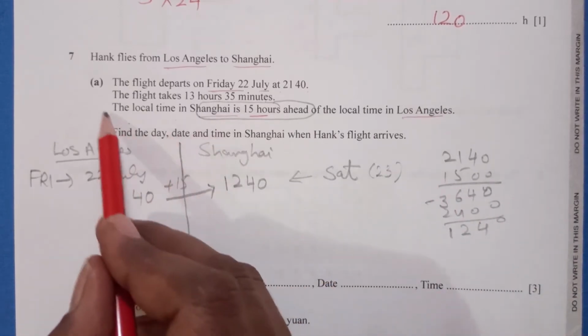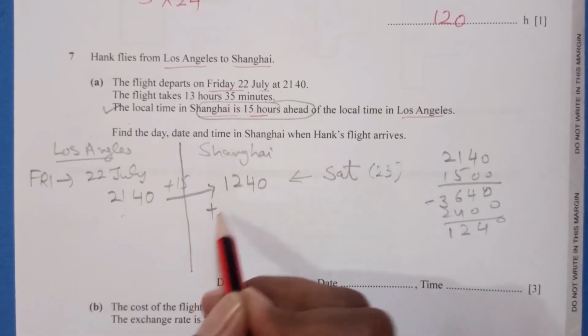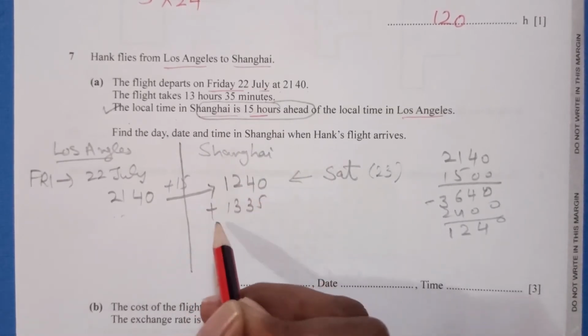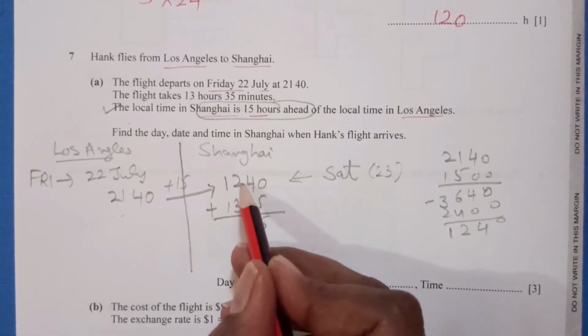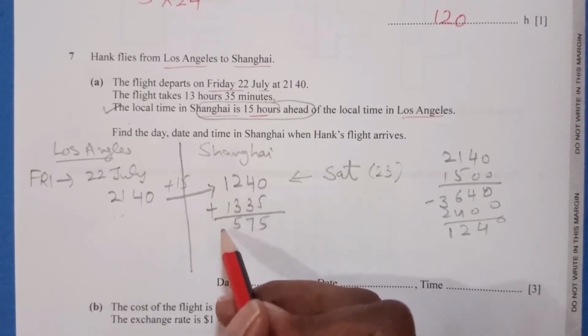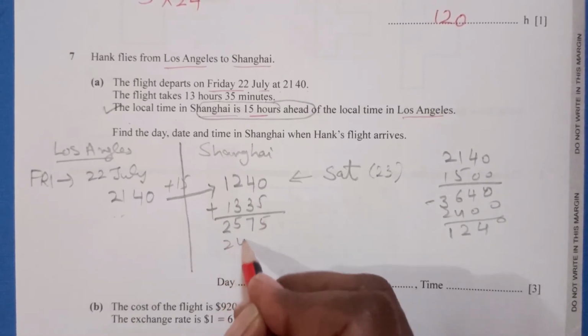So now we are done with this. Now the flight takes 13 hours and 35 minutes. So again we have to add 13 hours and 35 minutes, which makes it 25 hours and 175 minutes. So again this is more than 24 hours, so that is another day.